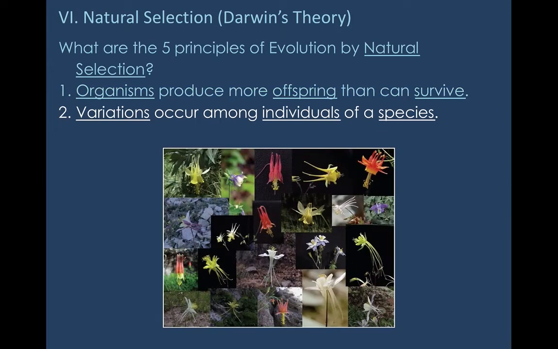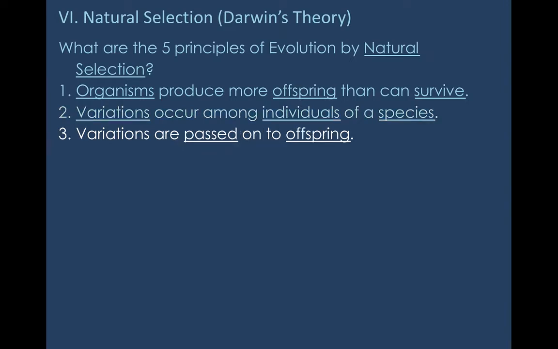Now, there are variations that occur among individuals in a species. They're not all the same. Within a species, you're going to have a lot of things that are similar, certainly enough to make them the same species, but there's going to be some things that are different from one member to the next. Those variations are part of their DNA, and they're going to be passed on to their offspring.